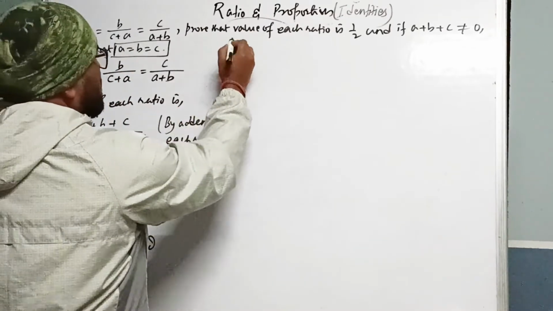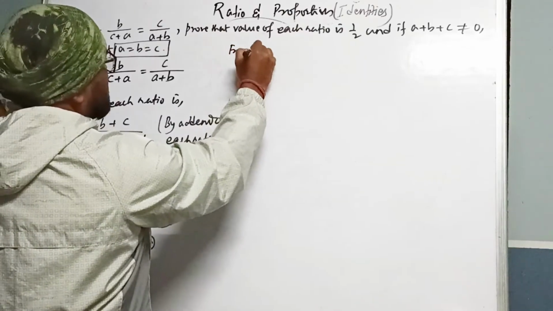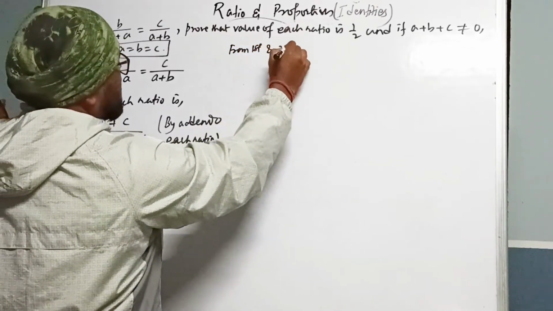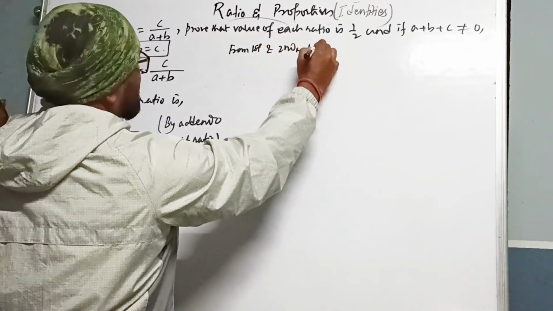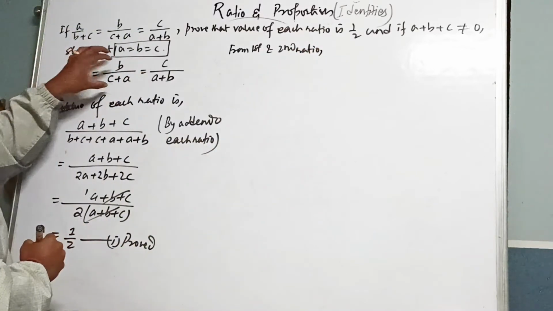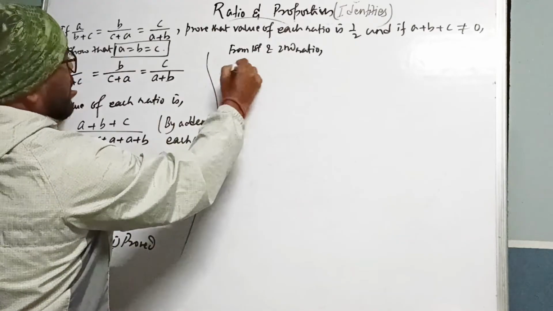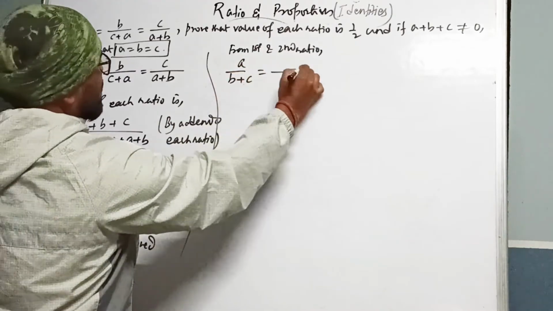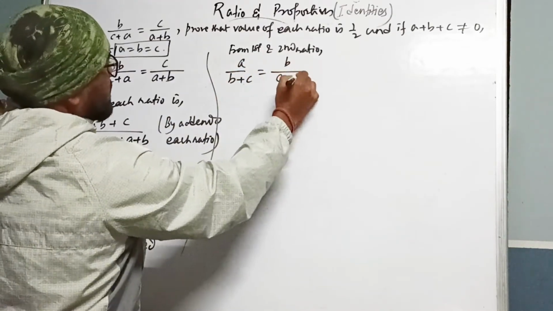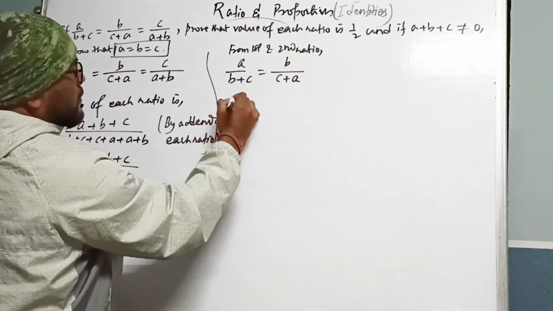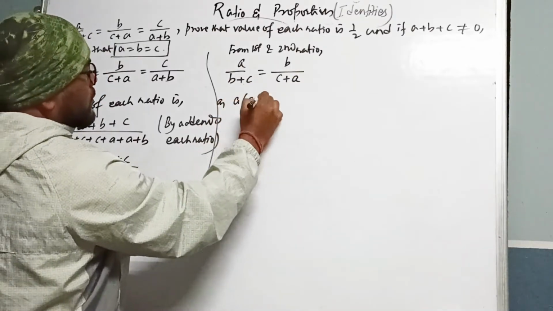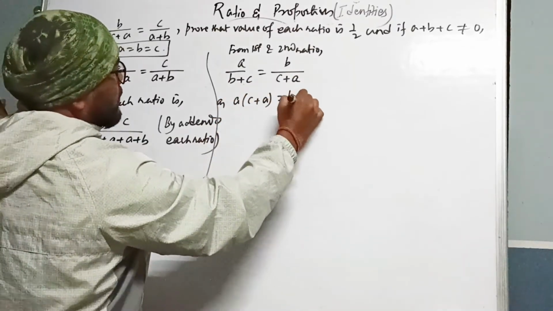First of all, you have to consider the first and second ratio. These two ratios: a by b plus c equals b by c plus a. Cross multiply these two.